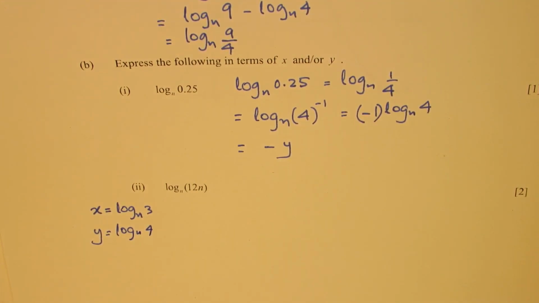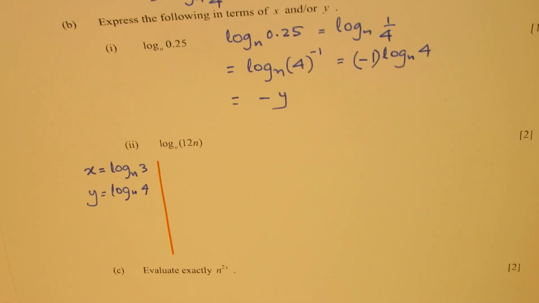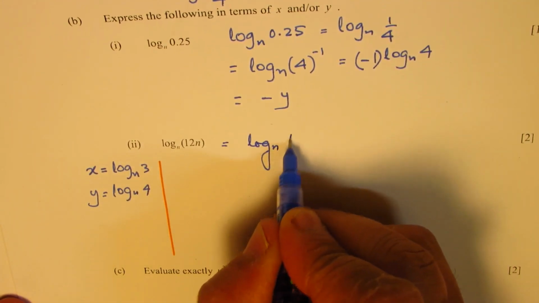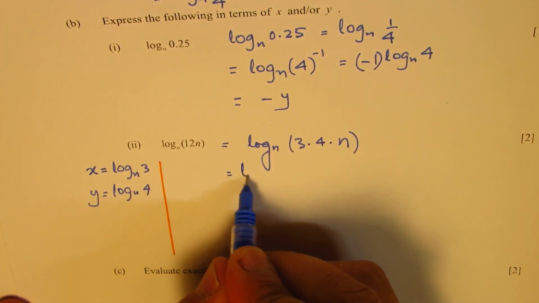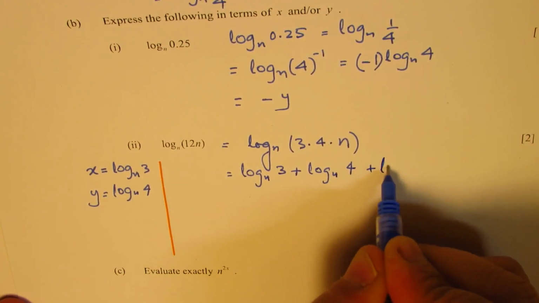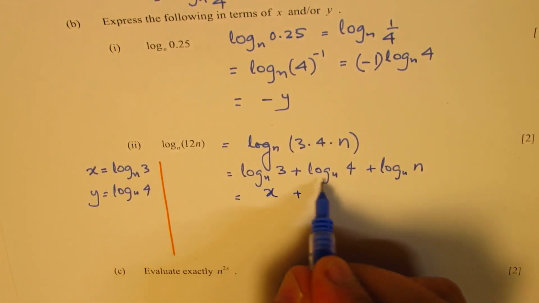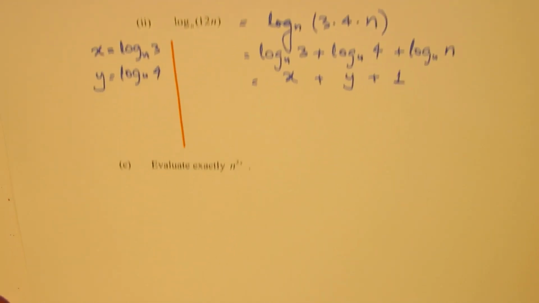So log to the base n of 12n can be written as log to the base n of 3 times 4 times n, that is 12n, which is log to the base n of 3 plus log to the base n of 4 plus log to the base n of n. And log to the base n of 3 is x, this is y, and that is 1. So that is how you could write this in terms of x and y. I hope that is absolutely clear.